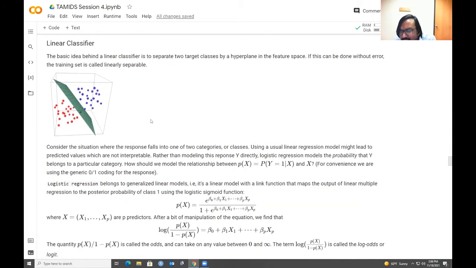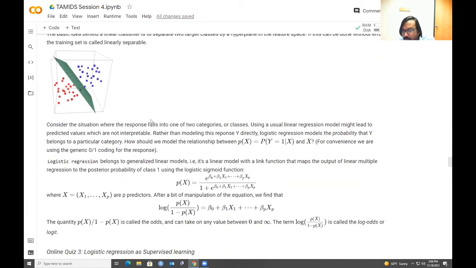So consider the situation where the response falls into one of two categories or classes. Using a usual linear regression model might lead to non-interpretable predicted values, right? That is because in a usual linear regression model, the assumption is that the response variable is continuous.